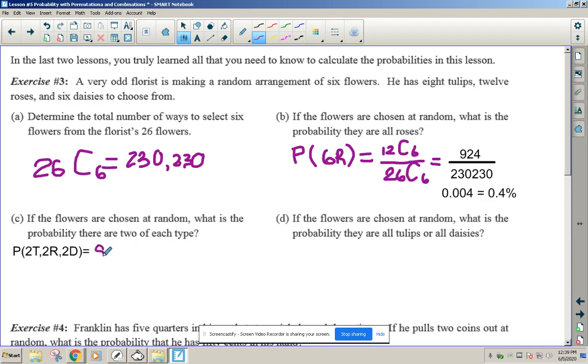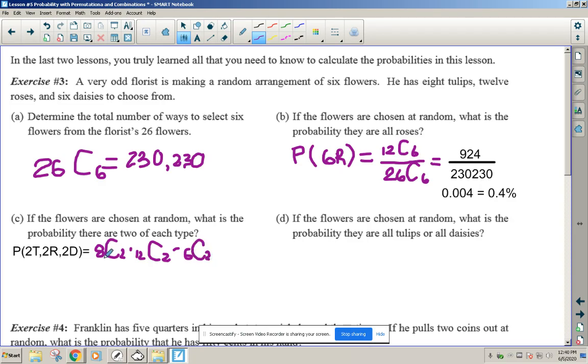There were 8 tulips. We are going to choose 2 of them. And then there were 12 roses, and we are going to choose 2 of them. And then there are 6 daisies, and we are going to choose 2 of them.